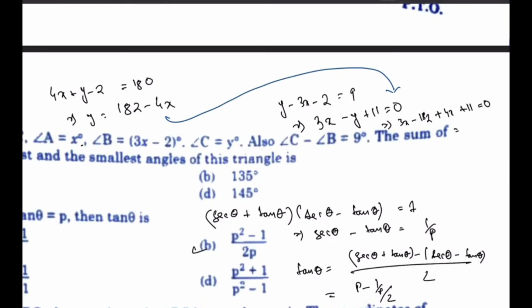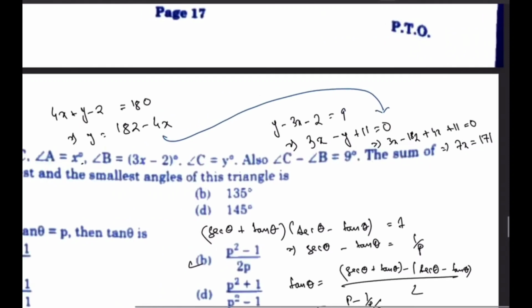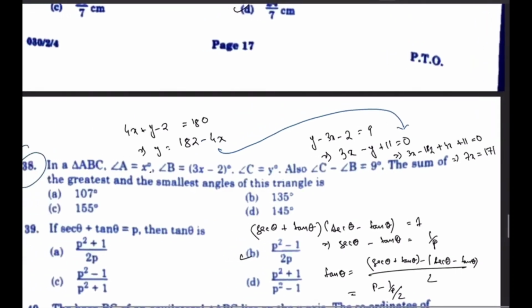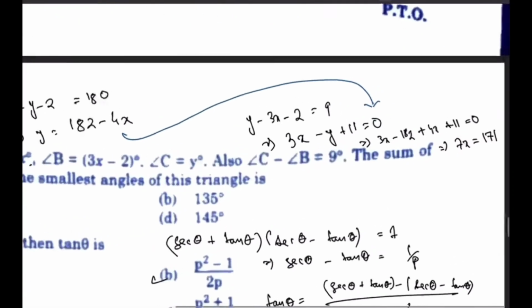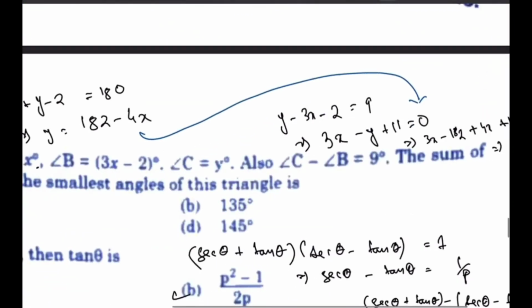So 7x becomes 171. I will be making a mistake once more. Could just be the case that we are. Okay, so x plus x is 4x. We have minus 2, and then we have y. So 182 minus 4x. Now we are okay there. So y minus 3x plus 2.